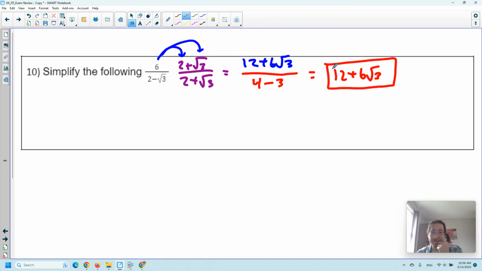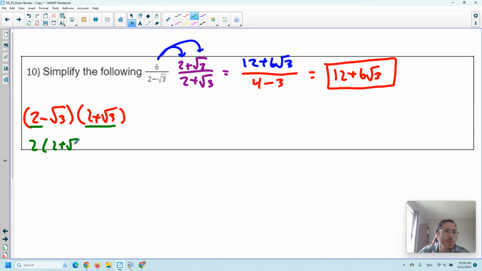And that's it. If we wanted to go the long way to get to this red part here, we can. We would do 2 minus radical 3 times 2 plus radical 3, and then we would double distribute from here.